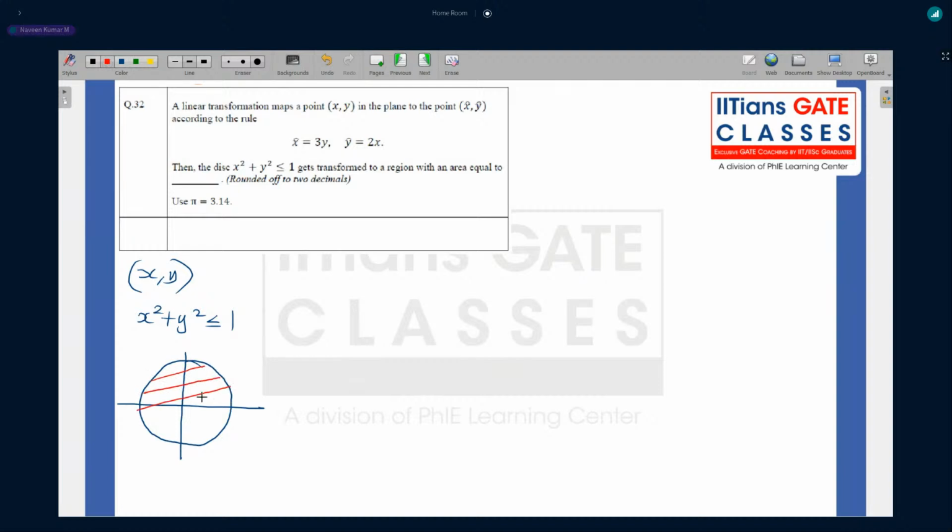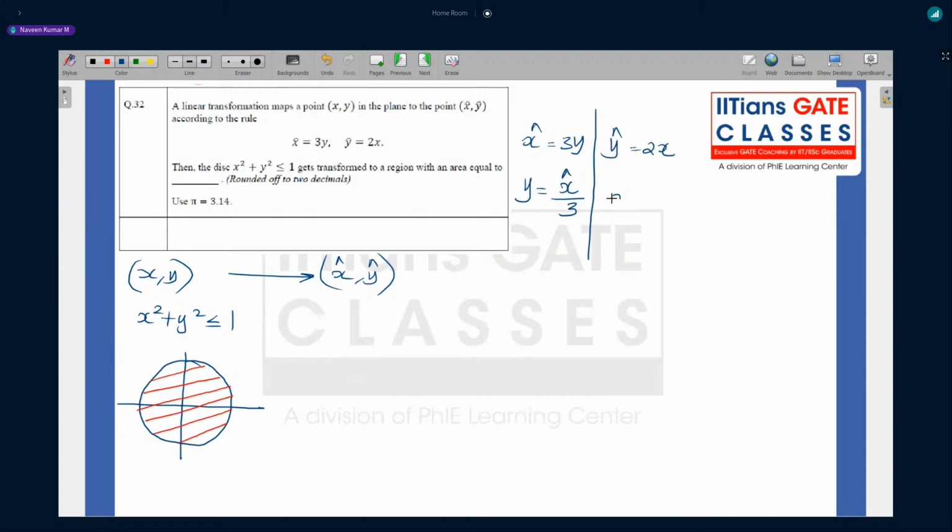Now it is getting transformed to x cap, y cap, and they're giving some relation. From here I can say x cap is equal to 3y, so y is equal to x cap by 3, and y cap is equal to 2x. From here I can say x is equal to y cap by 2.